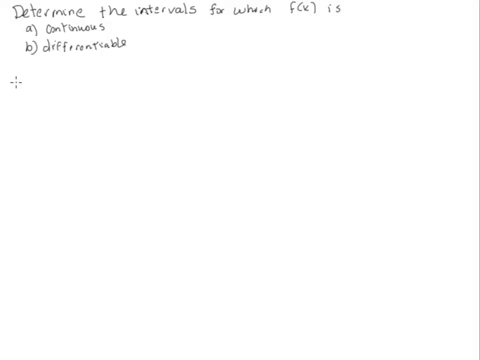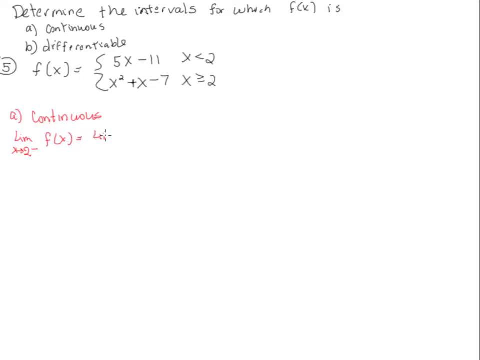Now let's review how to find the intervals on which a function is continuous and the intervals on which a function is differentiable. To figure out if this function is continuous at 2, we need to see if the limit as x approaches 2 from the left is equal to the limit as x approaches 2 from the right, if the function value exists at 2, and if that limit at 2 is equal to the function value.